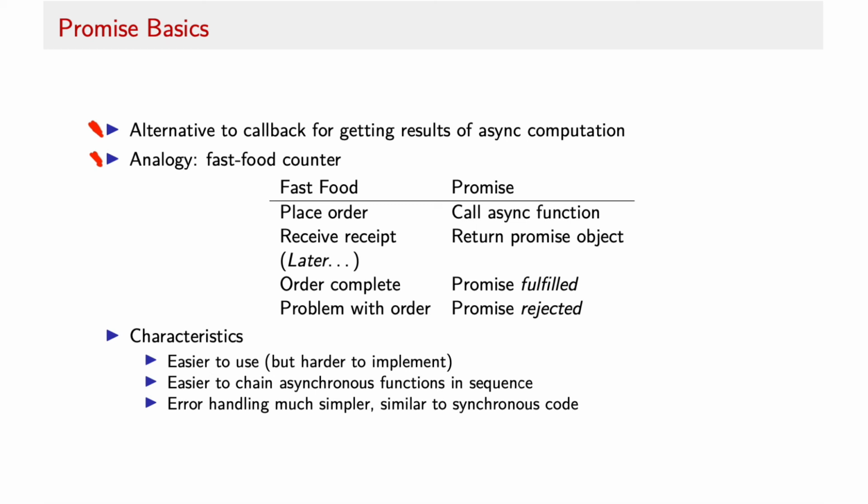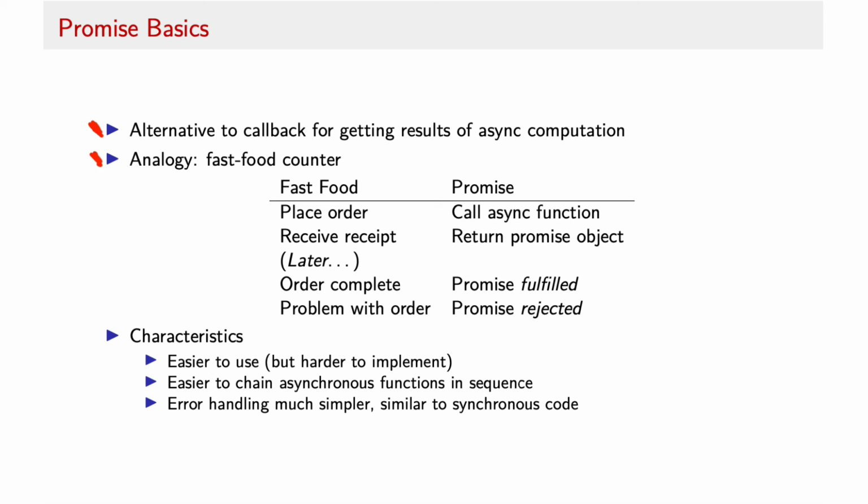Now, you could think of that receipt as a promise of a future meal, right? You generally have to wait a little bit while they prepare your sandwich and your fries and your drink, but you're assured by virtue of the fact that you have this paid receipt in your hand that you're eventually going to get your meal. You don't get it right away. You get a promise of a meal that's coming, the promise of a future meal.